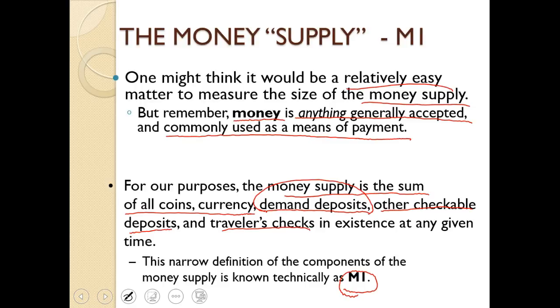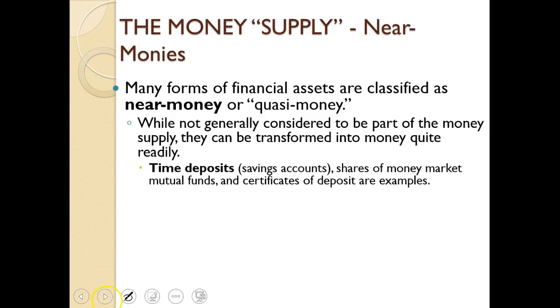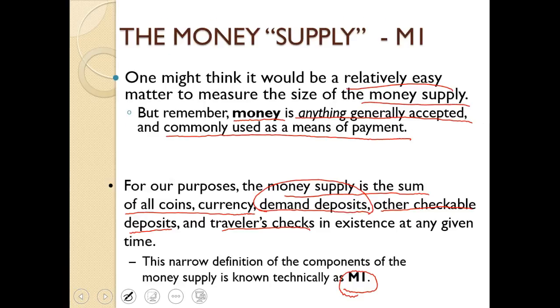The bank is not going to transfer money out of your account into somebody else's unless you actually have money in your account. So they're demanding deposits up front before they'll actually make a deposit. So that's the form of M1. M1 is the sum of all of these: coins, currency, demand deposits, other checkable deposits, and travelers' checks.